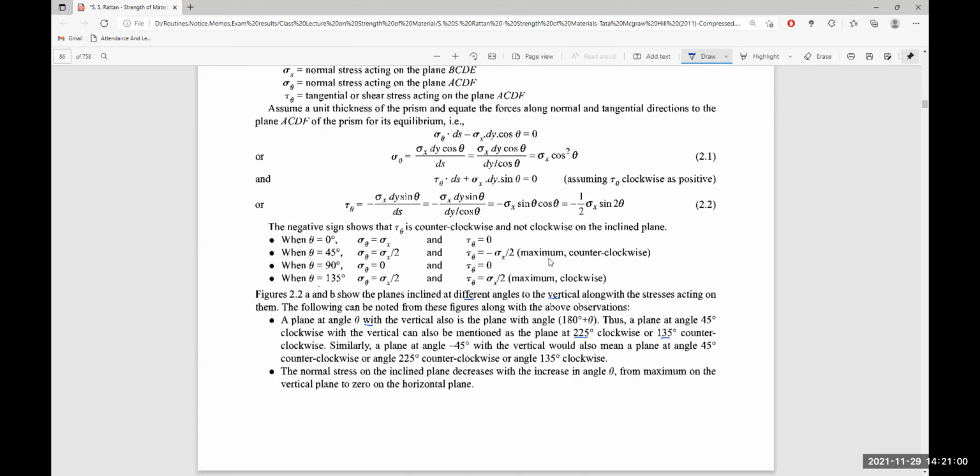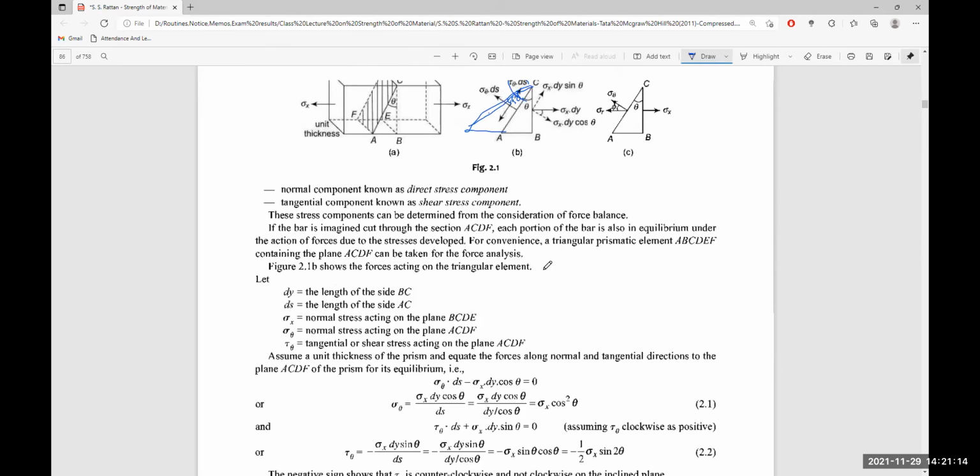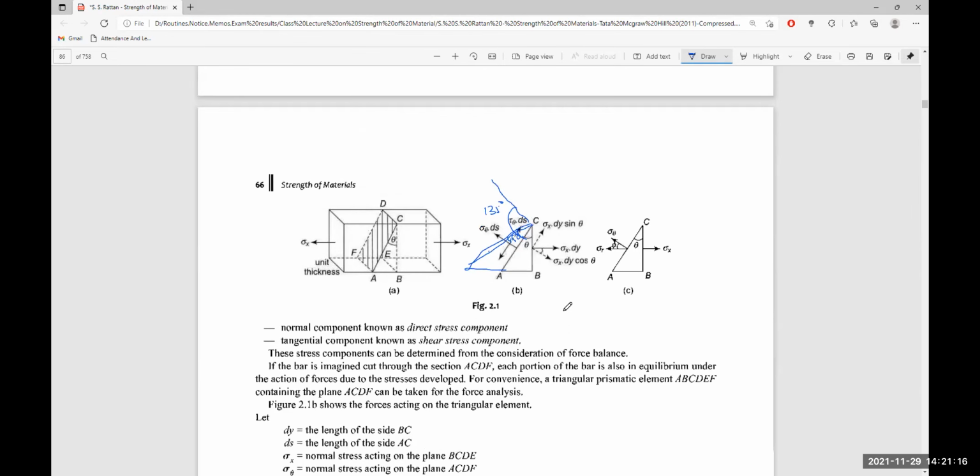Similarly, a plane at minus 45 degrees with the vertical will also mean a plane at 45 degrees counterclockwise, or 225 degrees counterclockwise, or 135 degrees clockwise. So what is meant by this? First of all, for the plane 180 degrees away, we draw a line here.